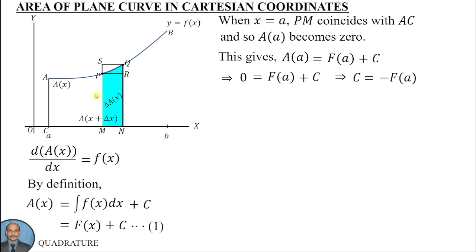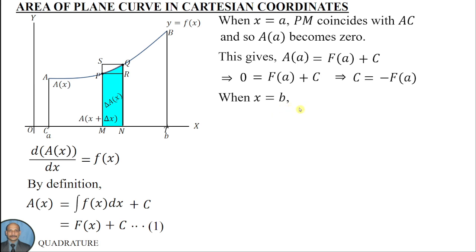On the other hand, OM is equal to x, and when x is equal to b, in this case PM, when x equals b, then the ordinate PM coincides with the ordinate at b, that is, PM coincides with BT.